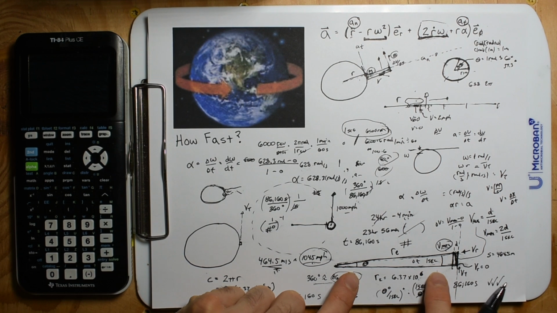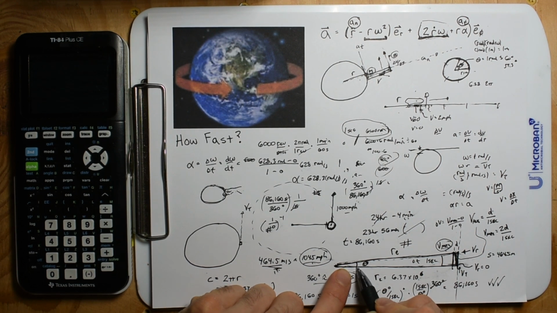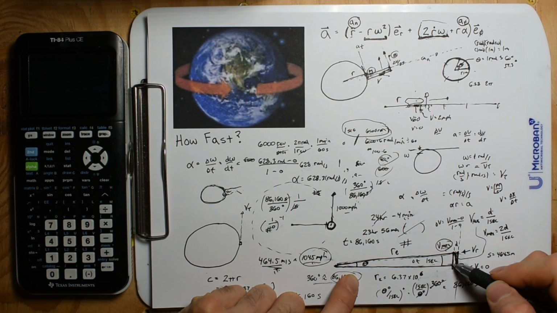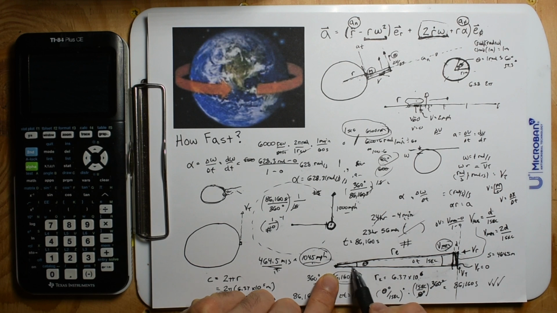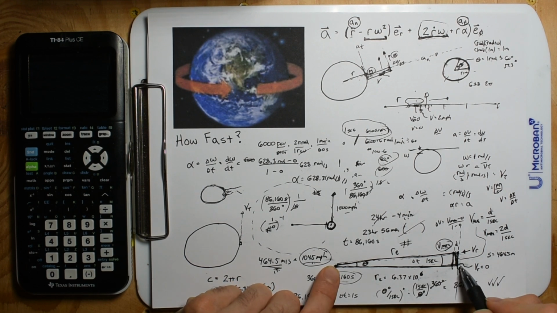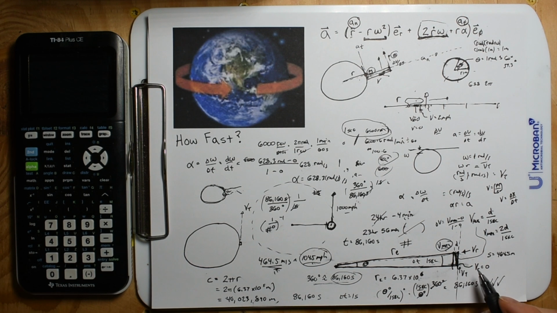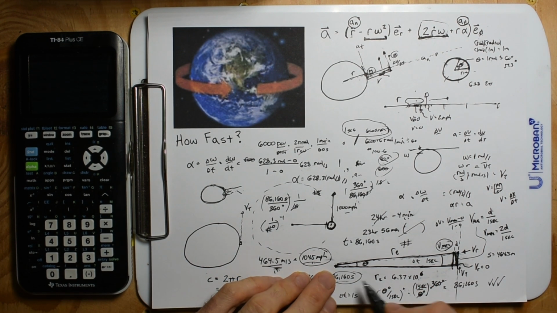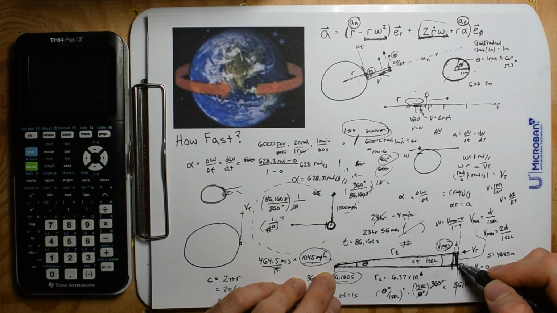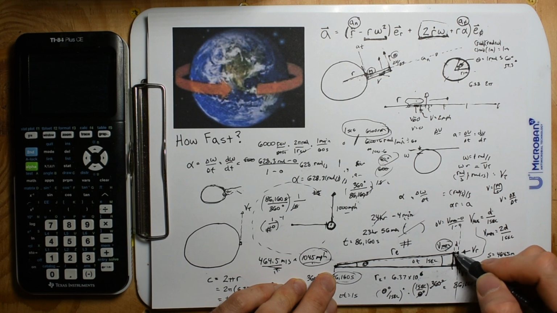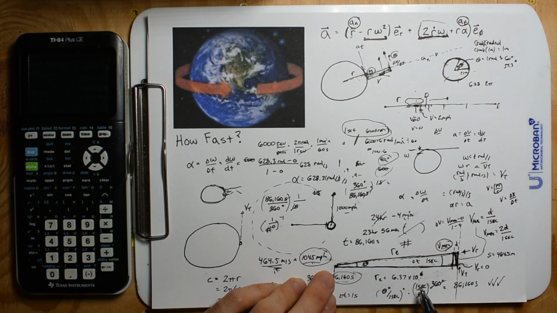Okay, let's do it. So we have our triangle, we have our hypotenuse, and if we found this distance, we would be money. Because I'm also saying that this is the radius too. So this whole thing is the radius.